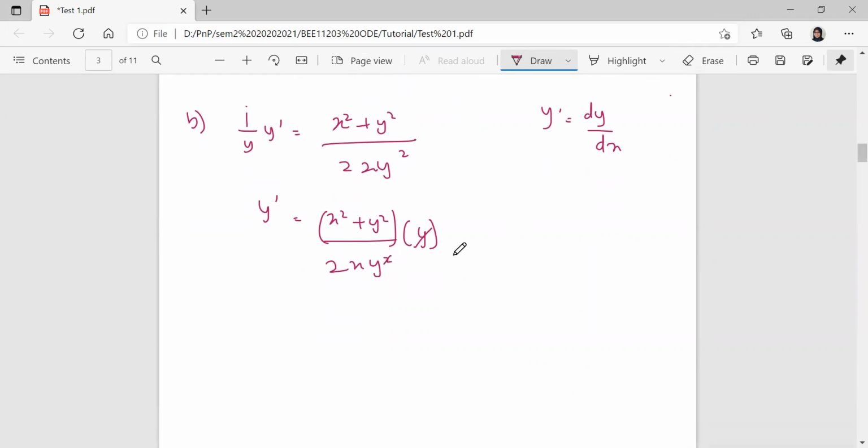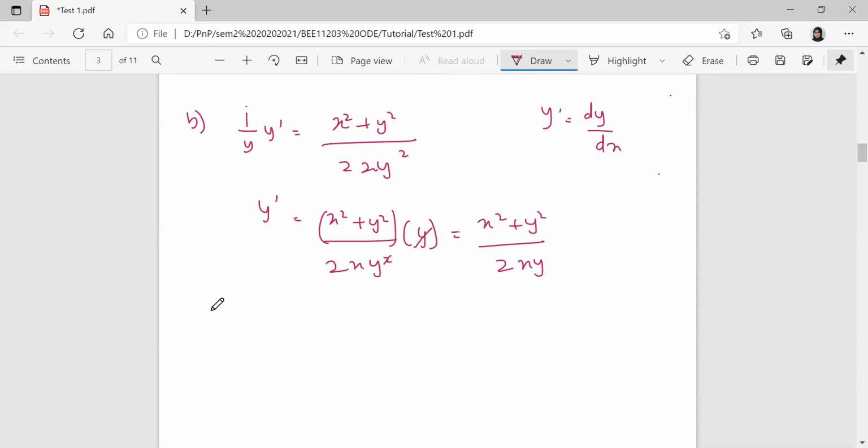Now we simplify, so it will be x squared plus y squared divided by 2xy. Now we have to prove that this equation is homogeneous.